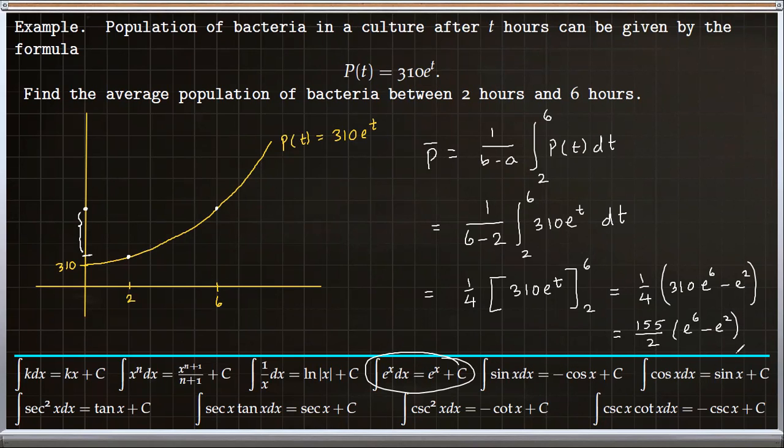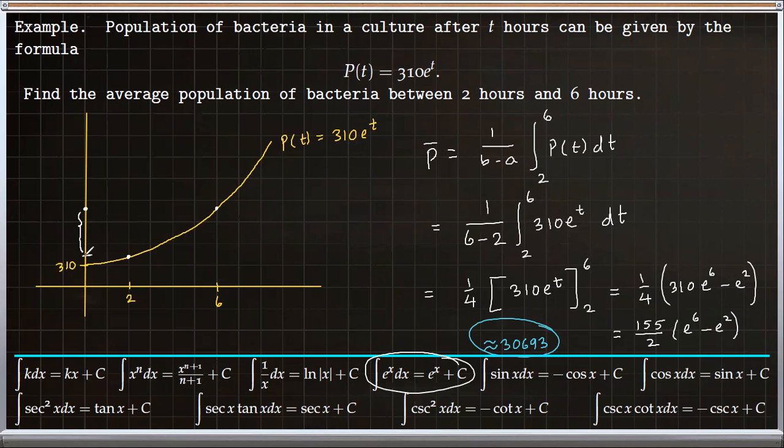And again, you can use your calculator if you like to see where it would fall on the graph. So using our calculator, the approximate value for this one comes out to be approximately 30,693. So this is the approximate average value.